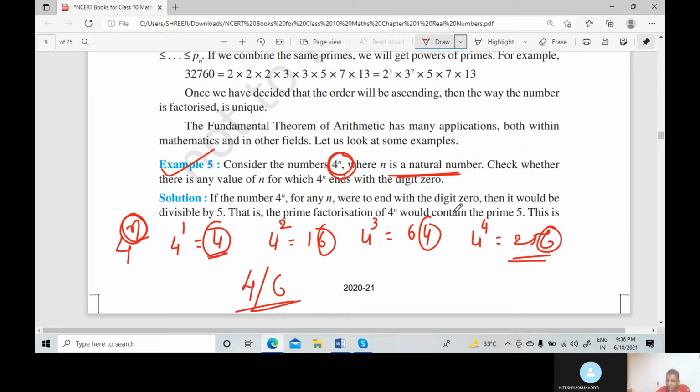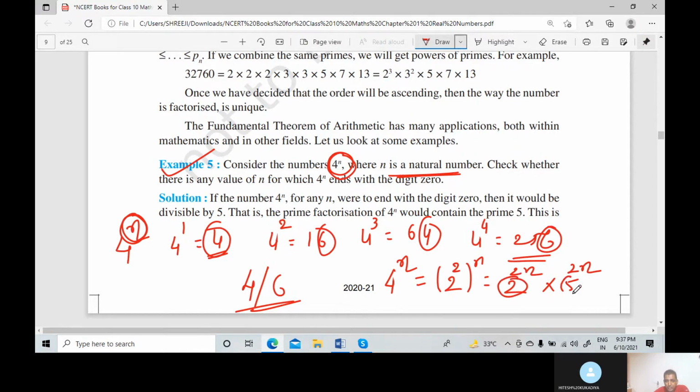Is that clear? Okay. Again we discuss this in detail with the method of the textbook. Here we can write 4 raised to n, splitting this 4, as 2 raised to the power 2, so we write 2 raised to 2n. A number ends with 0 when it has 2 raised to 2n and 5 raised to 2n; we have already explained this in the last lecture.